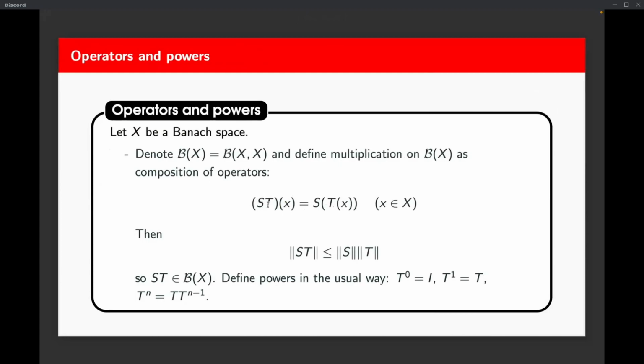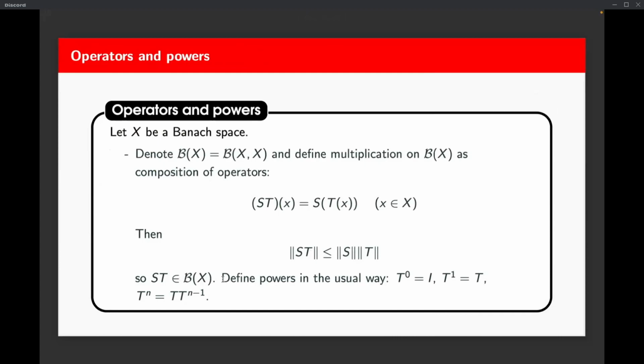So ST is defined as the product of S and T, and its definition is that you evaluate first T and then S. And then the usual proof goes through that the norm of ST is less than or equal to the norm of S times the norm of T, which shows that ST is also bounded, so it's in fact in B of X.